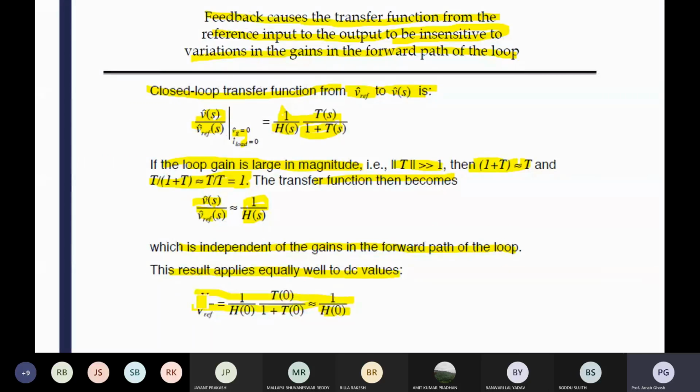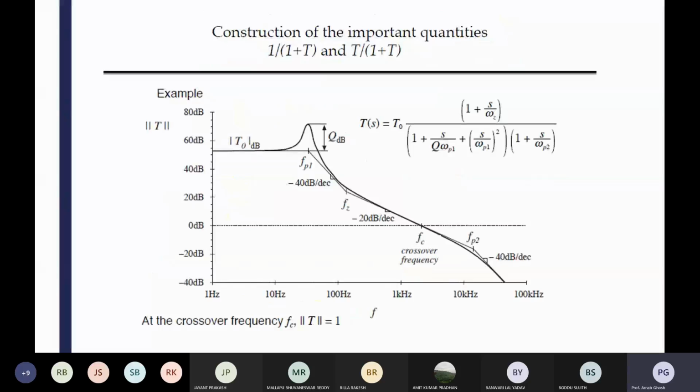Now you have to construct these important quantities in Bode form, so you can go to the Bode diagram. First the modulation: 0 dB means some constant value, and that value decides your Q value.